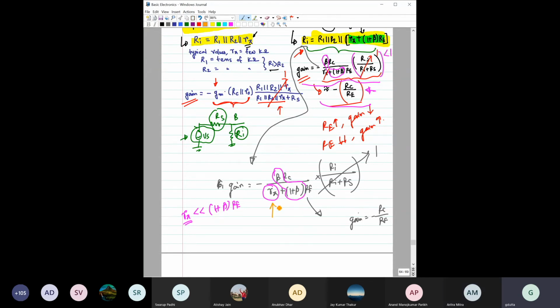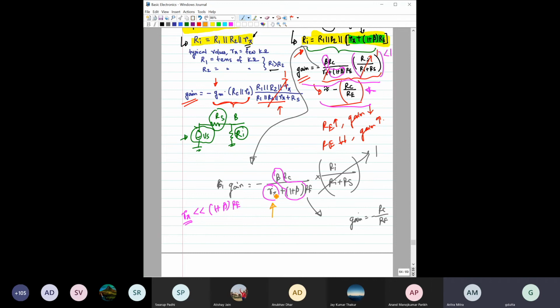You are saying that because this IC value is given, you can find the value of R pi. Then 1 plus beta into this RE. We will take beta as almost equal to 1 plus beta, then we will get RC by R pi plus RE, right.